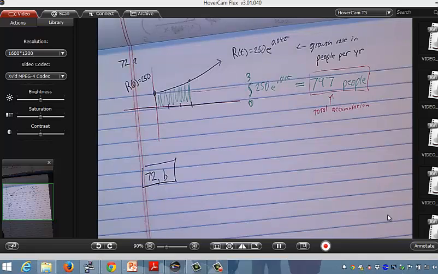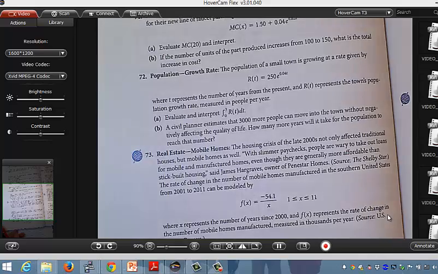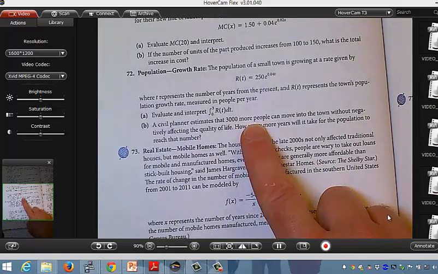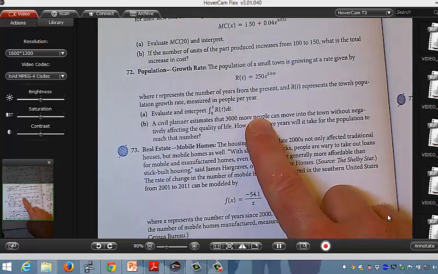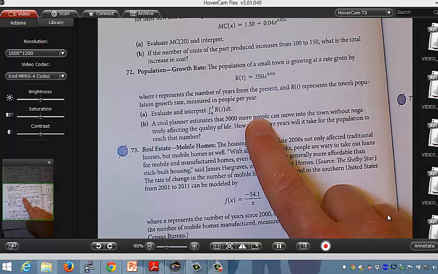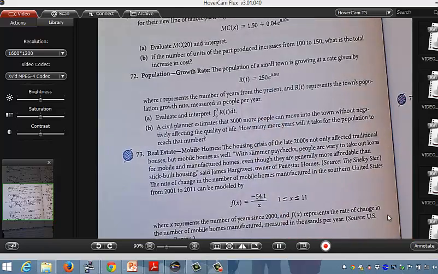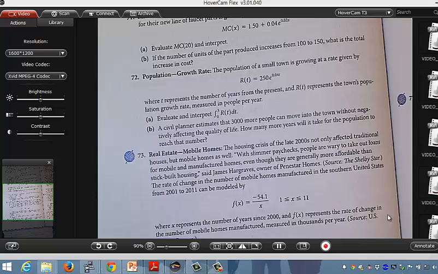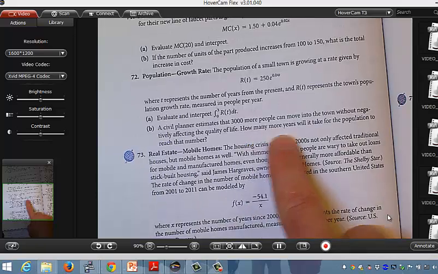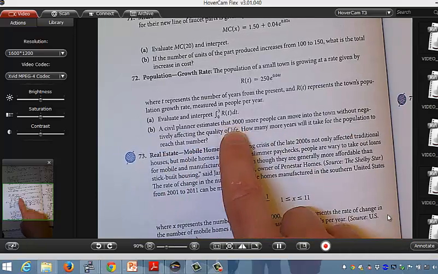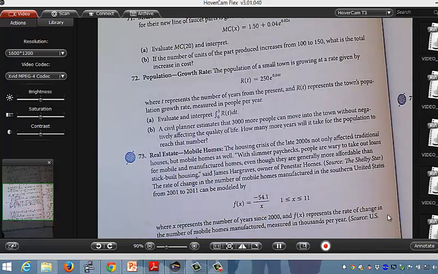I'm going to throw it back up here so we can read it again and understand the problem. A civil planner estimates 3,000 more people can fit in the town before we start saying, hey, this town stinks. Now, we already know in 3 years we're going to add 797 people. So the question is, how many years will it take for the population to reach 3,000?